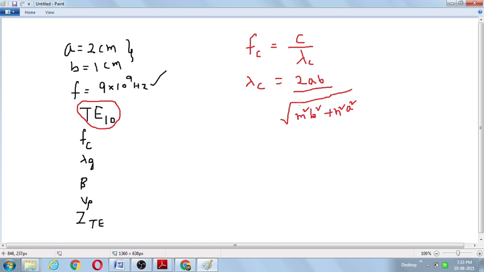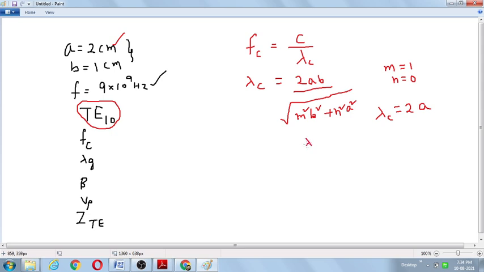So in this formula we have to substitute m is equal to 1 and n is equal to 0. So obviously we'll get lambda c is equal to 2a. Here a is equal to 2 centimeters in the given data.